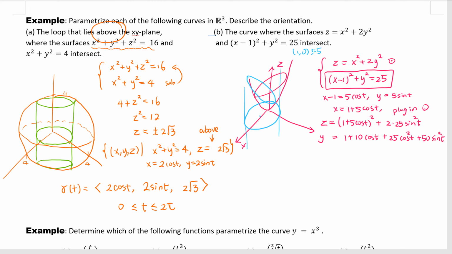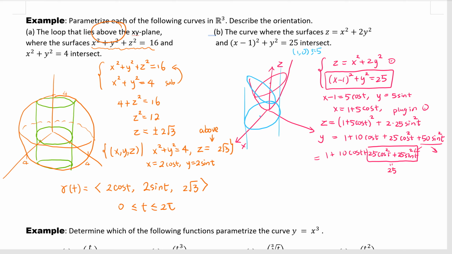And do you know that sine squared plus cosine squared equals 1? So this 50 I can split as 25 sine t squared and another 25 sine t squared, and then I can use the 25 sine t squared to couple with the 25 cosine squared.